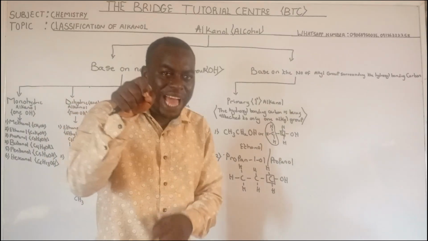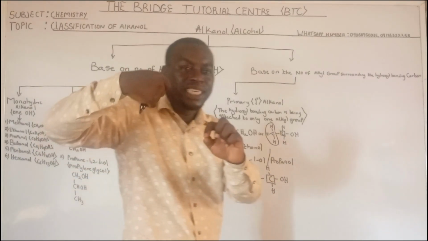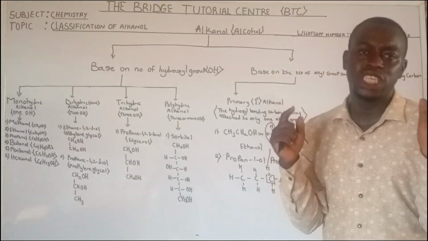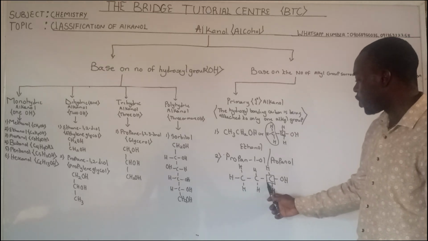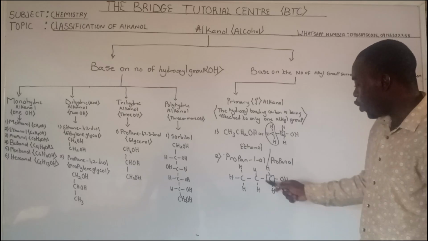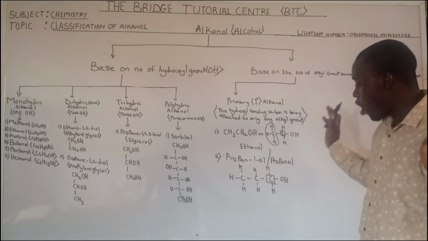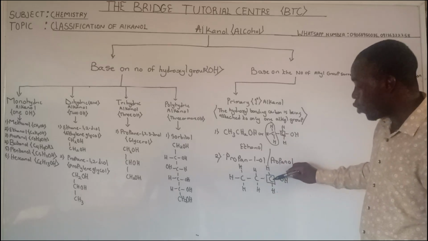Don't forget, the carbon we are talking about must be the one attached directly to the hydroxyl bonding carbon. For example, if this is our hydroxyl bonding carbon, which carbon is attached to it? Only this. So we only consider this, and you don't need to consider the other one.